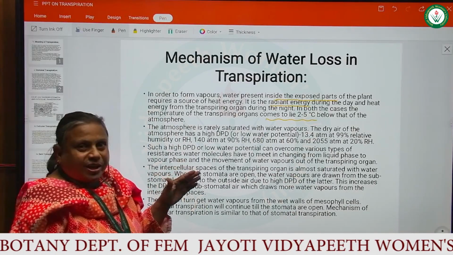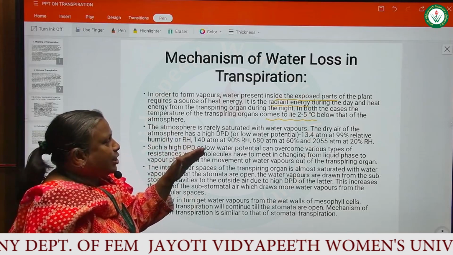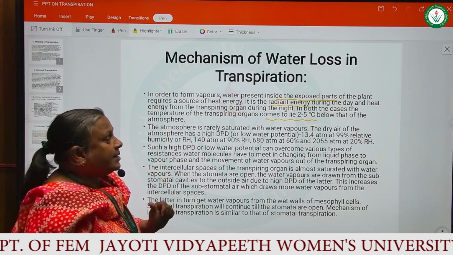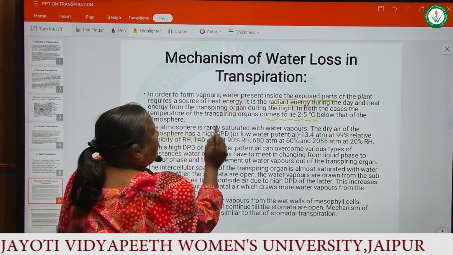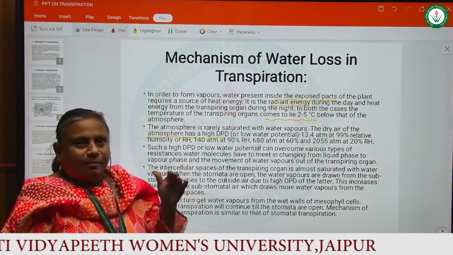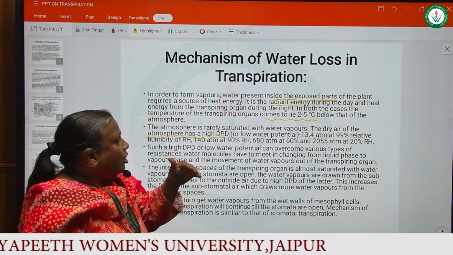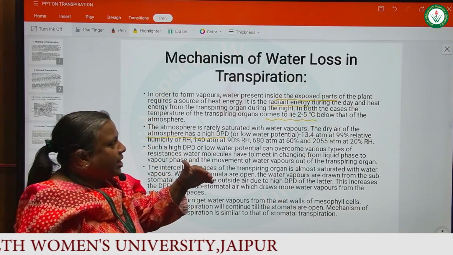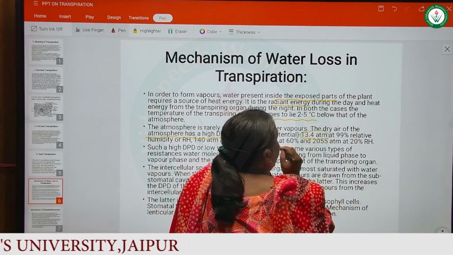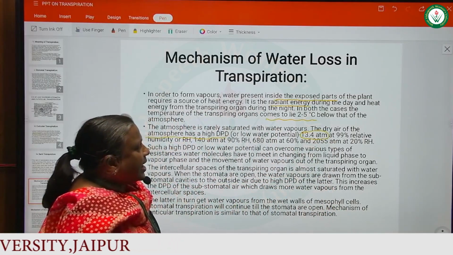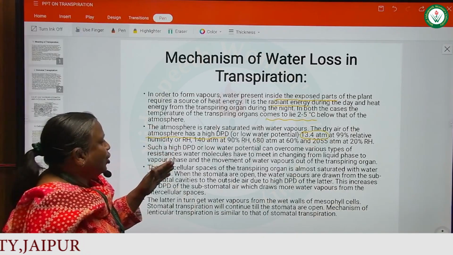The atmosphere is rarely saturated with water vapors. The dry air of the atmosphere has a high DPD, diffusion pressure deficit, or low water potential, up to 13.4 atmospheric pressure at 99% relative humidity.